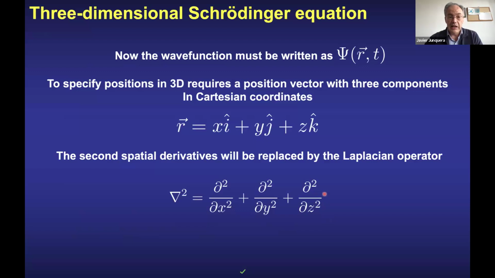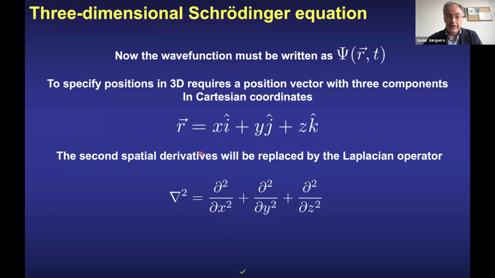In 3 dimensions, to specify the coordinates or the position of a given electron, we need a 3-dimensional vector. So in Cartesian coordinates, we have this position with components x, y, and z.